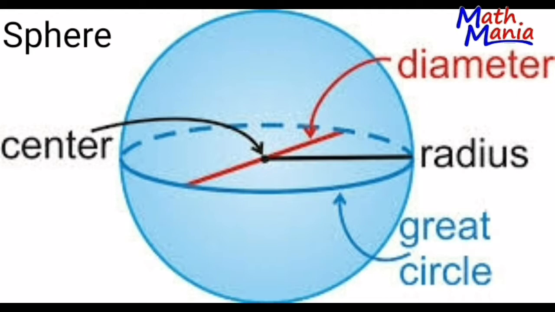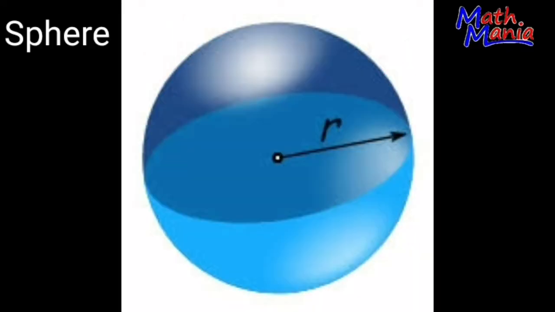See here, in this figure is the sphere, and from this figure you can easily understand the center and radius of this sphere. This sphere has only one surface, which is the curved surface, or you can simply say the surface.